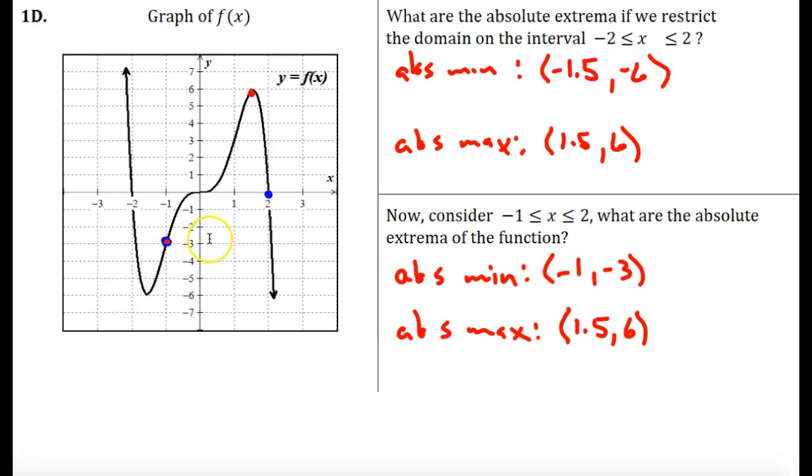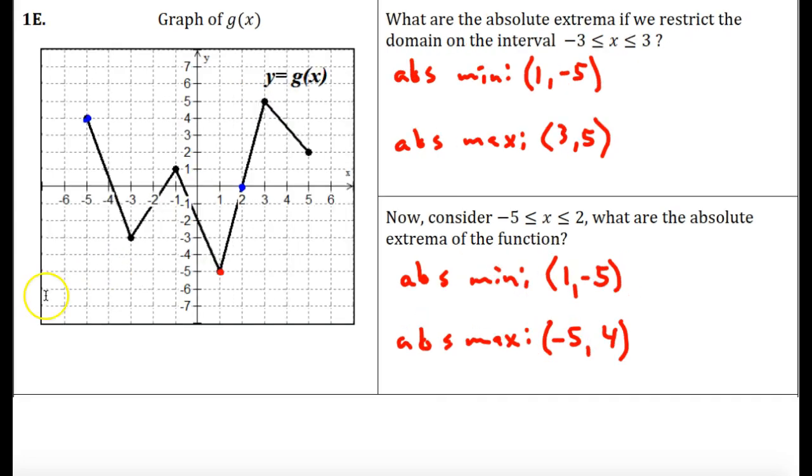They also sometimes occurred at endpoints. We said that right here at this endpoint, that was my absolute minimum when we looked at this interval. Now, when we looked at the other graph, sometimes our absolute mins or maxes occurred at endpoints, but on a lot of them, they occurred at these places.